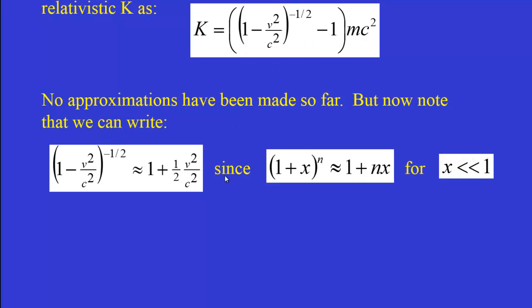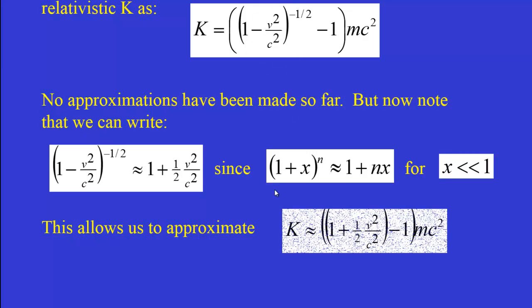So from this point on, we're almost done, because all we have to do now is substitute in 1 plus 1/2 v squared over c squared into the expression for the kinetic energy. And here's what we get. The kinetic energy becomes approximately now, in the limiting case where v over c is small, because here the value x is v squared over c squared.